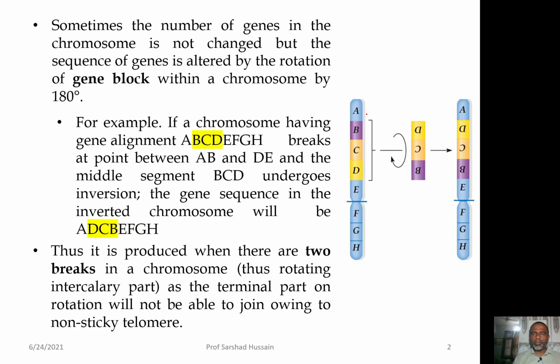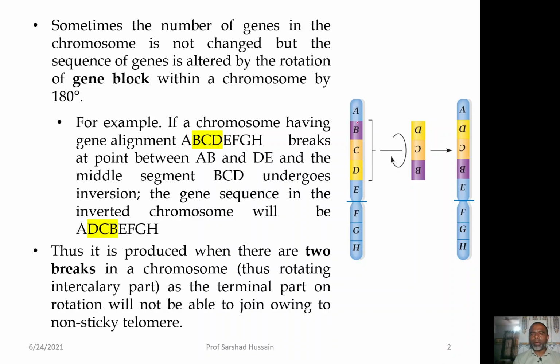Now, sometimes while looking at the chromosome, you are not finding any change in the number of the chromosomes. Say for example, in the original chromosome, you are having 8 genes from A to H, and in the final chromosome, after some change, you are also having 8 genes, but the arrangement of the genes is not matching with the previous one.